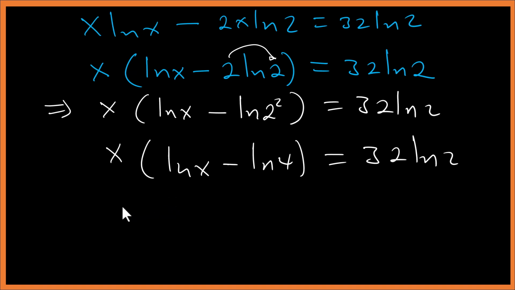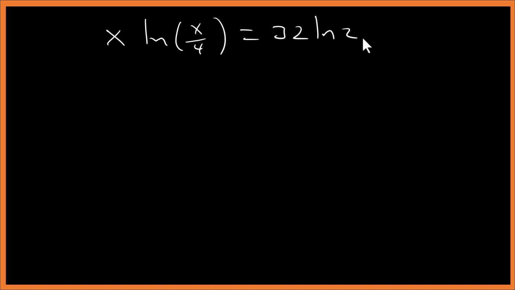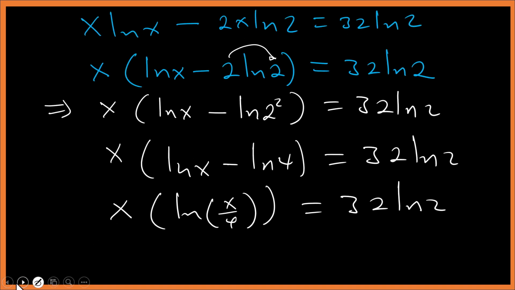Now from here we have x ln of x on 4 equals 32 ln of 2. So this is the same as x ln of x on 4 equals 32 ln of 2. Okay.